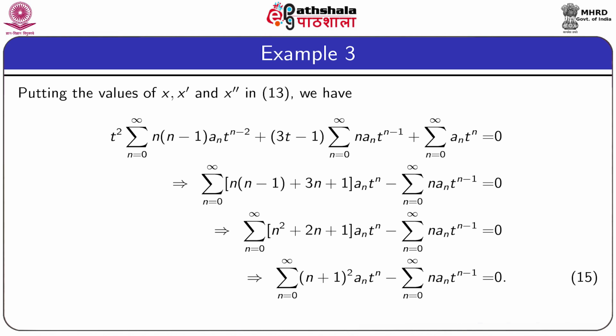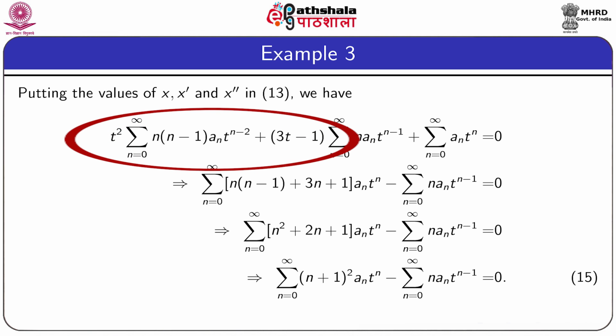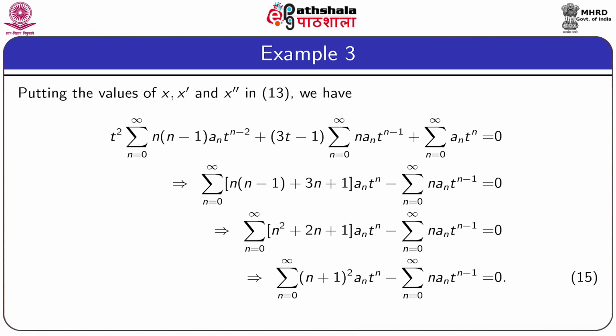We substitute the values of x, x' and x'' in 13, and we will get t² Σ (n = 0 to ∞) n(n − 1) aₙ tⁿ⁻² + (3t − 1) Σ (n = 0 to ∞) n aₙ tⁿ⁻¹ + Σ (n = 0 to ∞) aₙ tⁿ = 0.